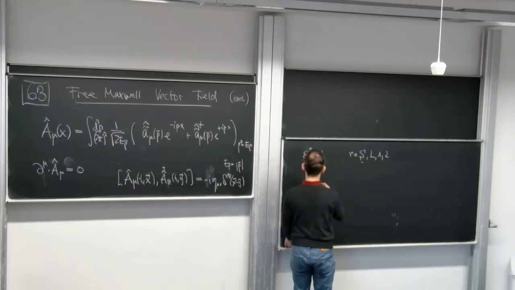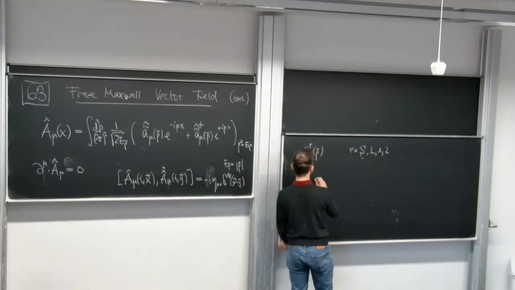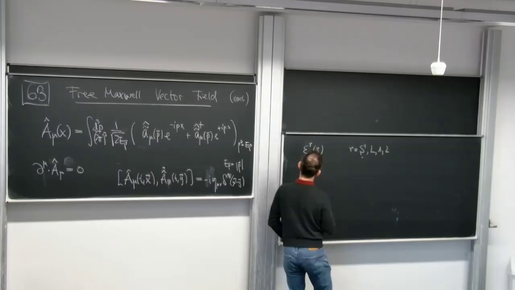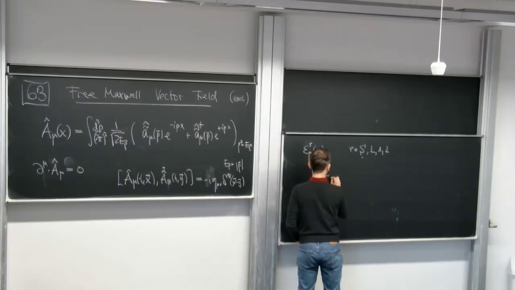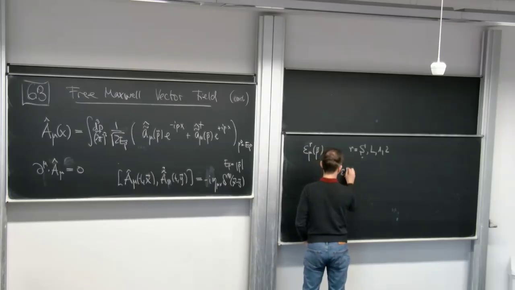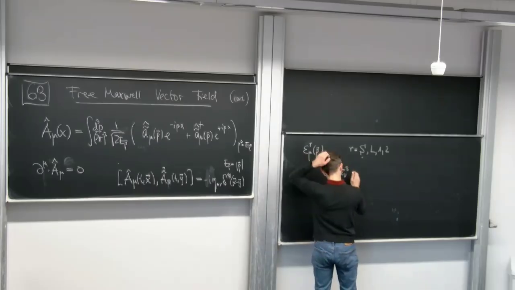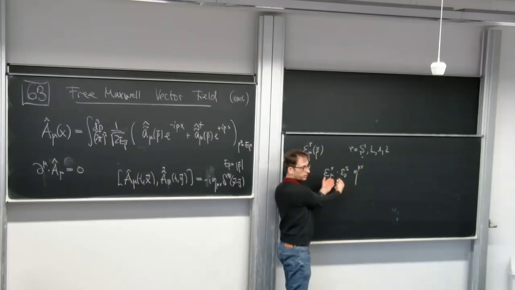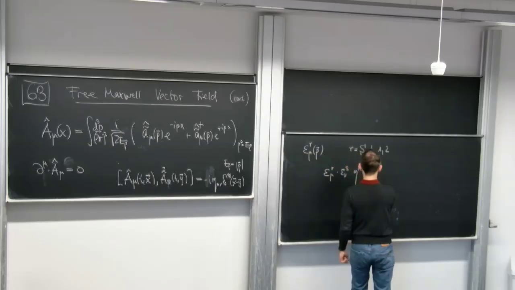At the end of the day, we have these four vectors, which satisfy, well, they're also normal in this sense: ε^μ_r times ε_μ,s is η_rs, so the normal contraction between these two vectors is plus or minus 1.